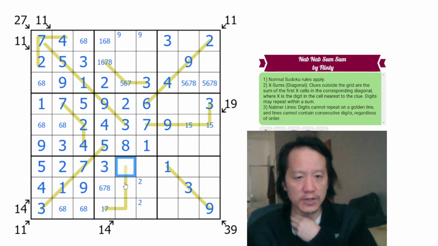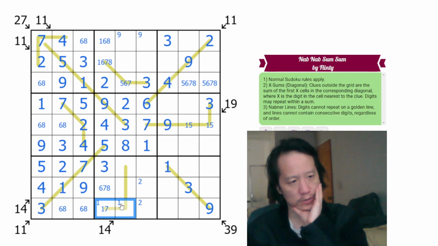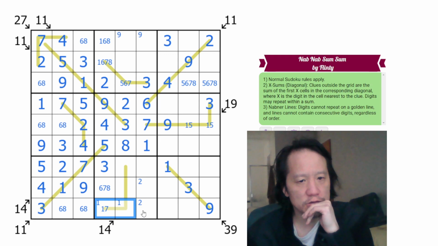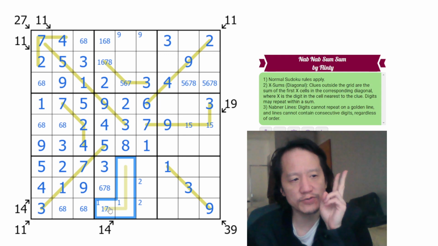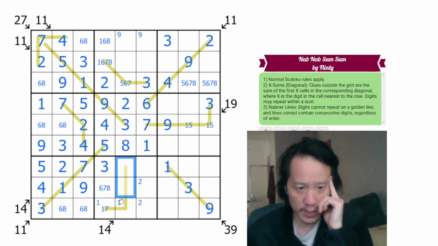So 1 can't be here, 1 can't be here, 1 can't be here. 1 has to be one of these two. So 1 is always in here. Can't be with 2 or 3. So you can get 1 of 4 or 5, 1 of 6 or 7, and 1 of 8 or 9. But 8 can't be here, 8 can't be here.